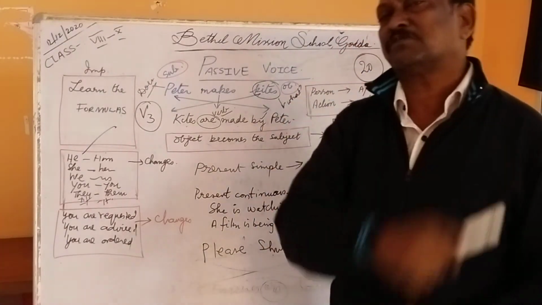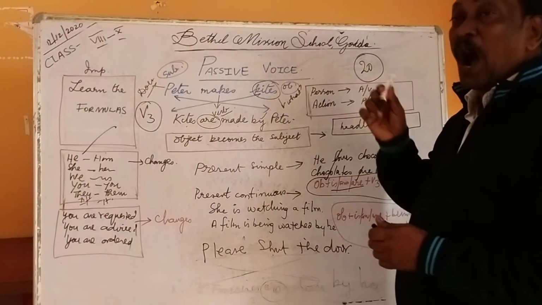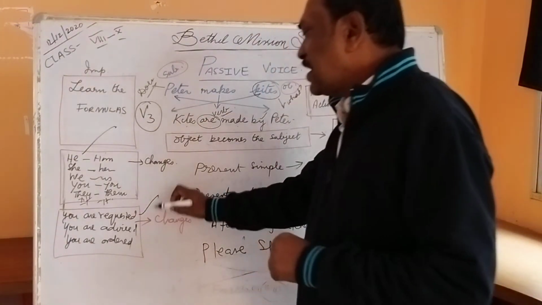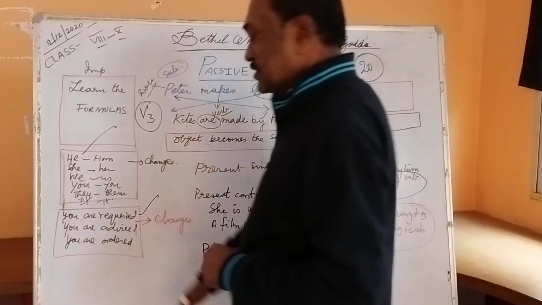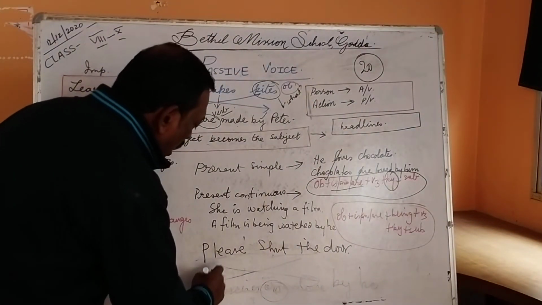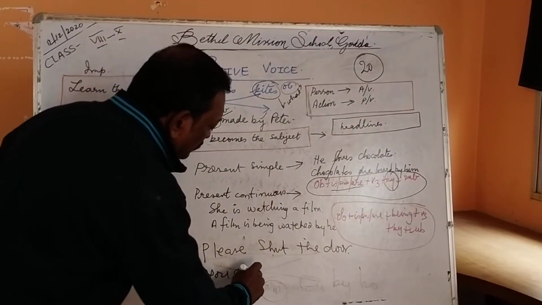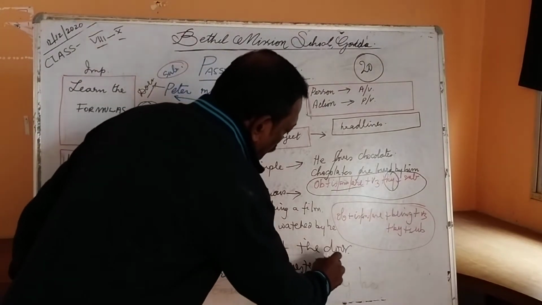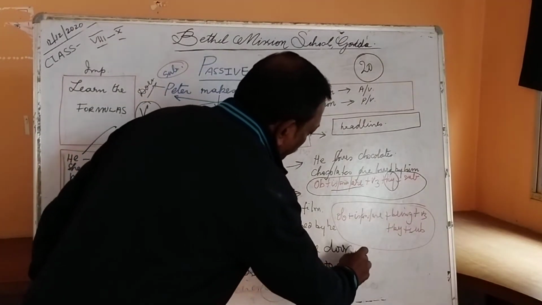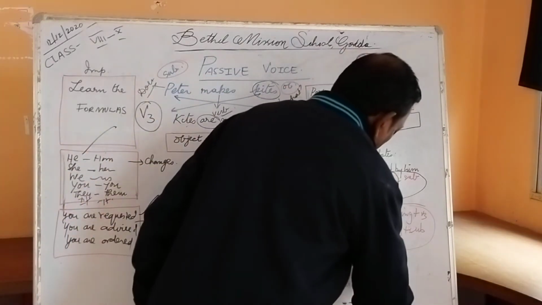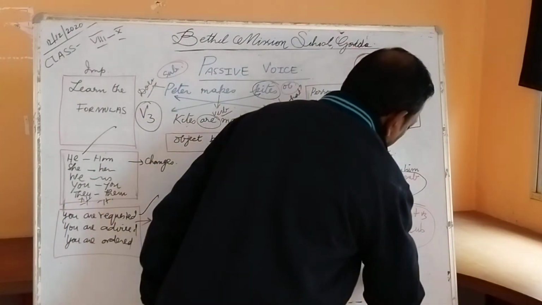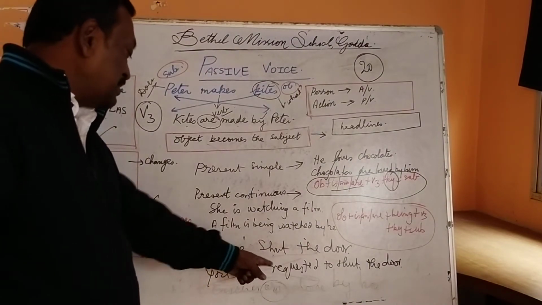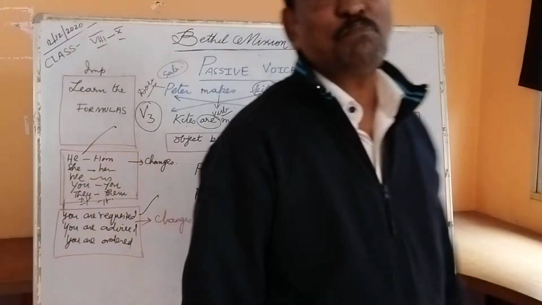The sentence begins with please. So, how do I write this? It is a request. So, I use this expression, that is, you are requested to shut the door. Why did I use you are requested? Because the sentence starts with please.